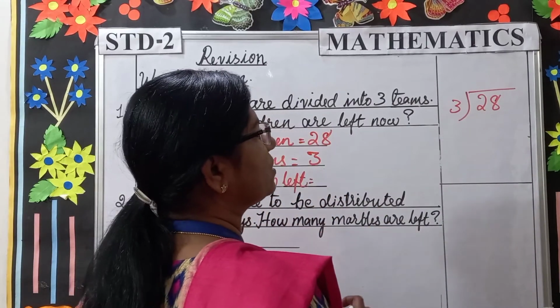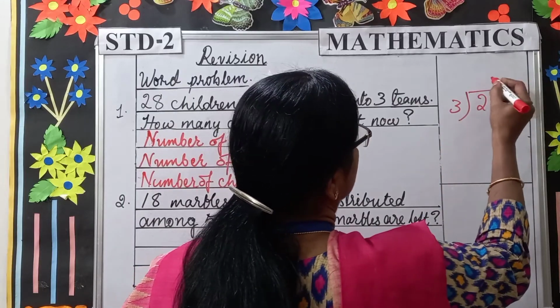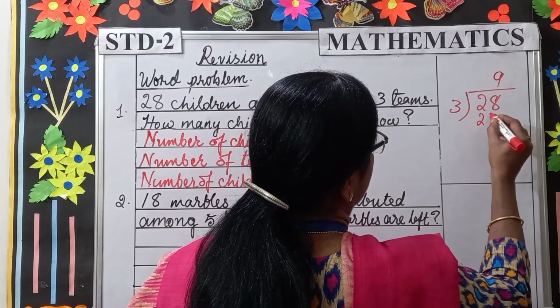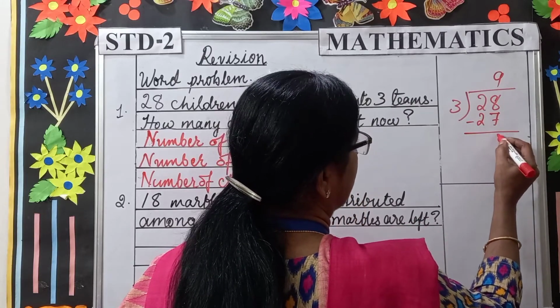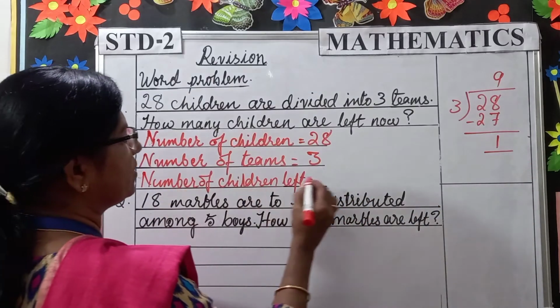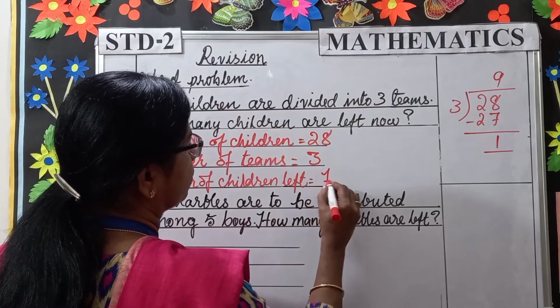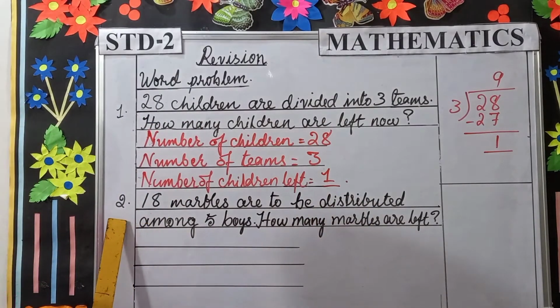How many times 3 goes in 28? 3 nines are 27. Subtract. 8 minus 1, 8 minus 7, 1. So, here your number of children left, remainder is 1. Understood, children? Let's do the next one.